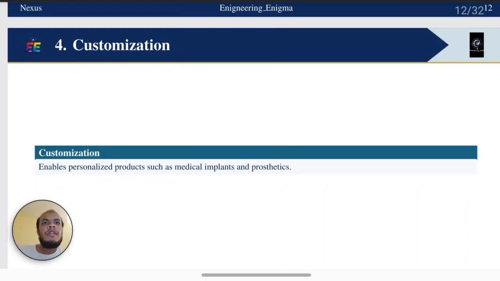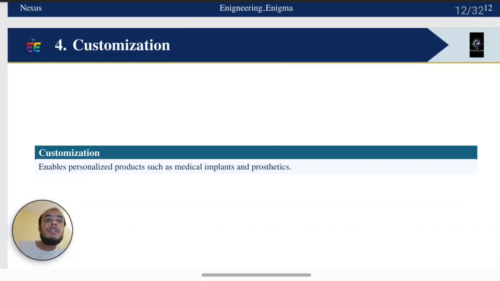Okay. So another advantage is customization. Customization means creating products according to individual needs. If I need some prototype, I can just draw a design so that it can be easily created. For example, every patient's body is different. My teeth may be large, some other teeth may be very small.